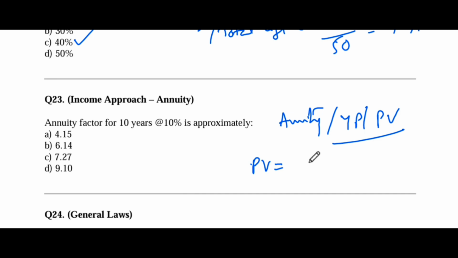PV is 1 minus (1 plus R) whole power minus N, by R. So R is the discount rate, that means calculation rate 10%. N is the number of years, a number of payments done.